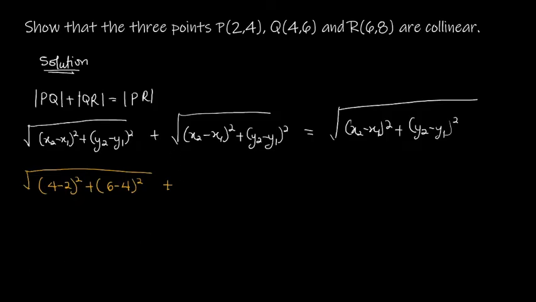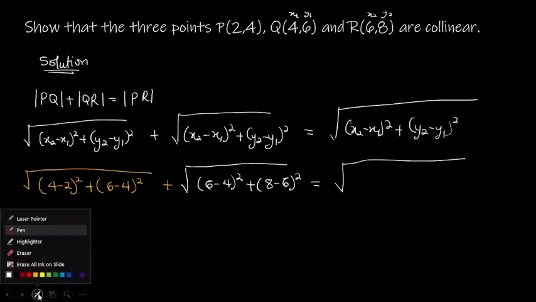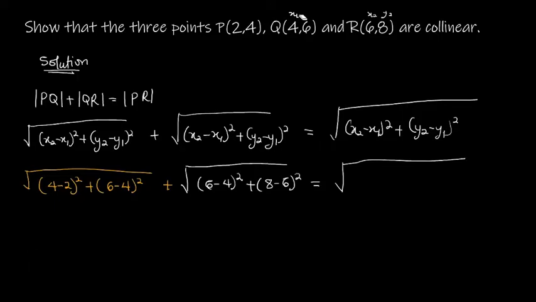Okay, now I'm at QR, so that will be equal to the root of, for QR, this becomes my x1, y1, x2, y2. So my x2 is 6 minus my x1, which is 4, squared, plus my y2, which is 8, minus my y1, which is 6, squared, is equal to the root of, okay, so now I carefully erase this.